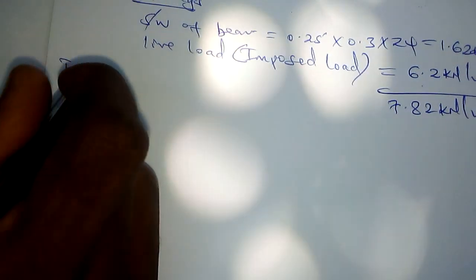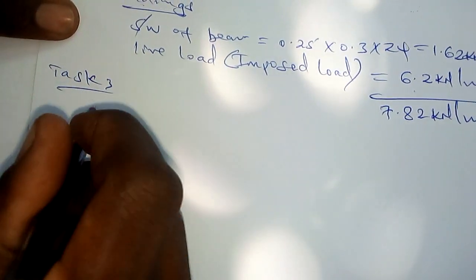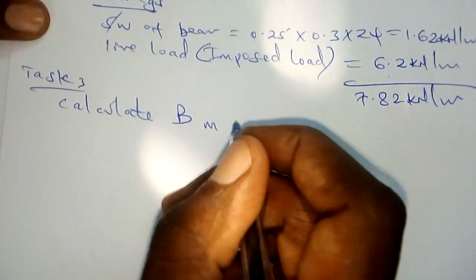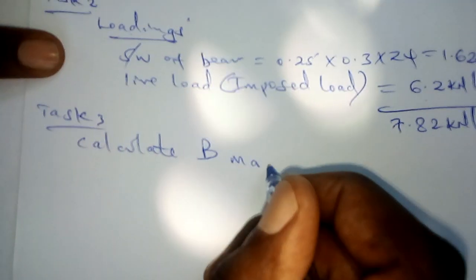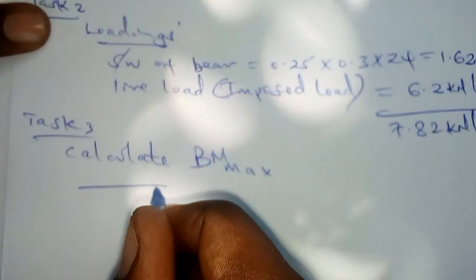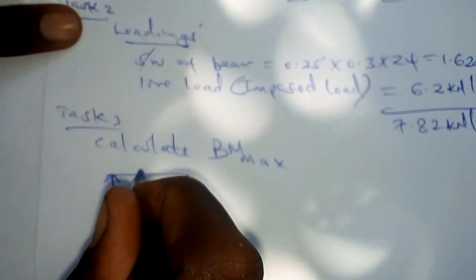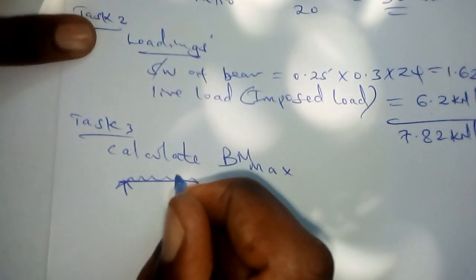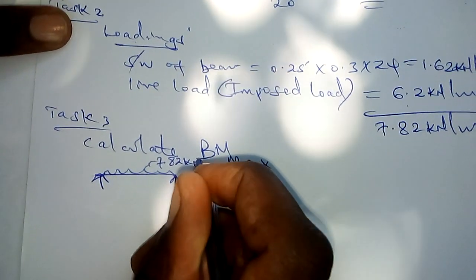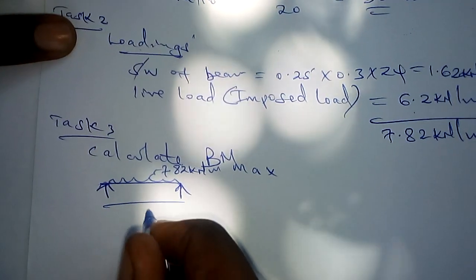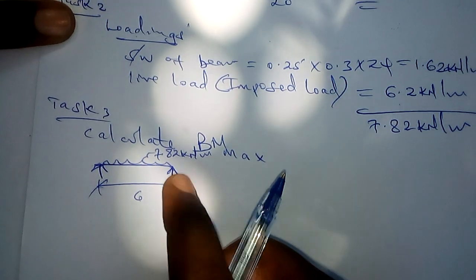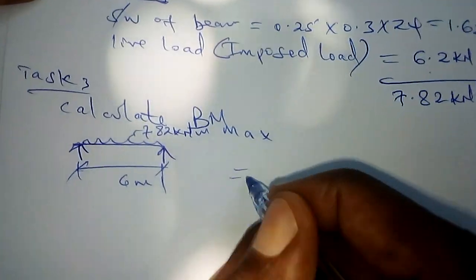Now task 3, you calculate bending moment. So bending moment, BM max, we have the loading now, it is 7.82 kilonewton per meter. What about the length? The entire span is 6 meter. So we have the formula.